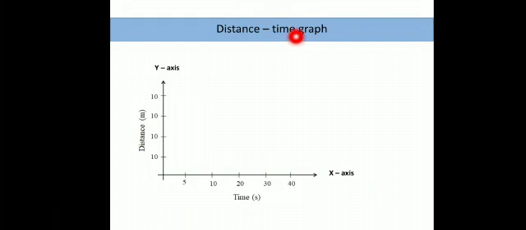So distance traveled by an object is on the y-axis, and time taken is on the x-axis.